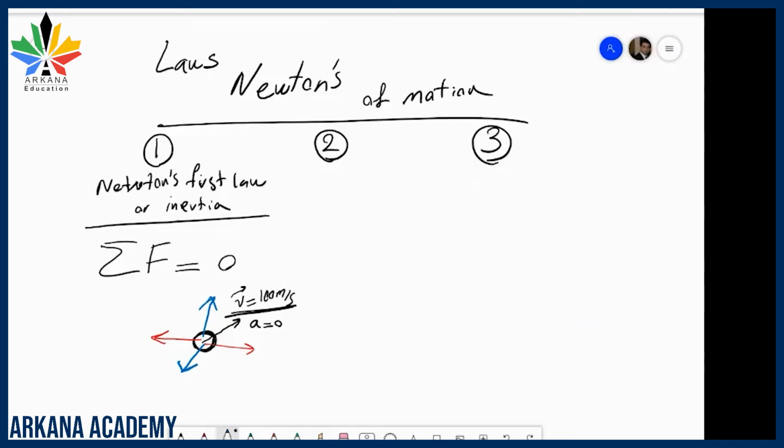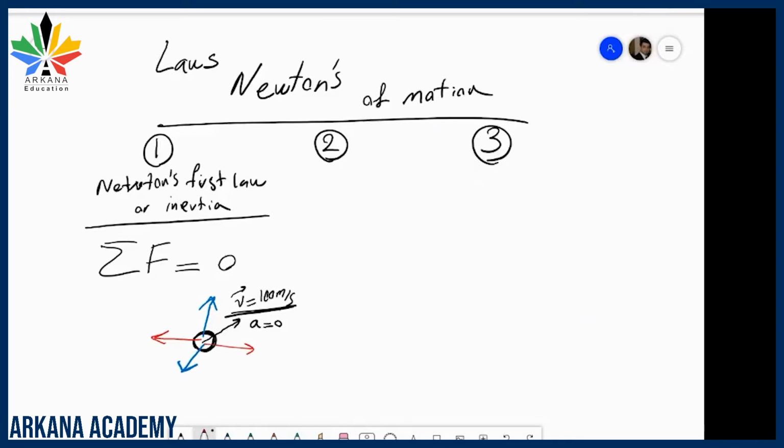One of them could be Earth, one could be Mars or the Moon or Jupiter or other planets. They're all acting on this object. But if, as a result of all these forces, the object has constant velocity of v equal to 100 meters per second, we can conclude that the resultant force of all of them acting on this object must be equal to 0.